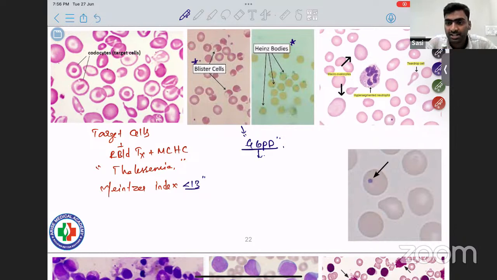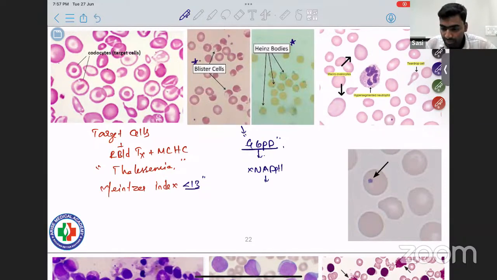We know G6PD enzyme is required for the HMP pathway. If there is no HMP pathway, there will be no NADPH production. If there is no NADPH available to scavenge the free radicals, these free radicals will clump the hemoglobin and lead to the formation of Heinz bodies.